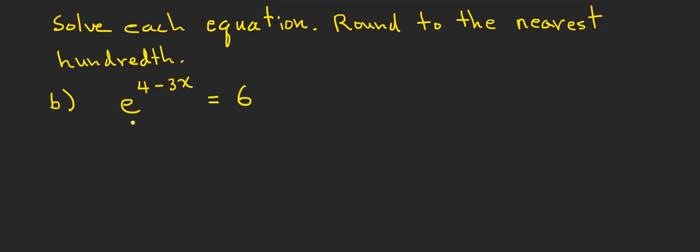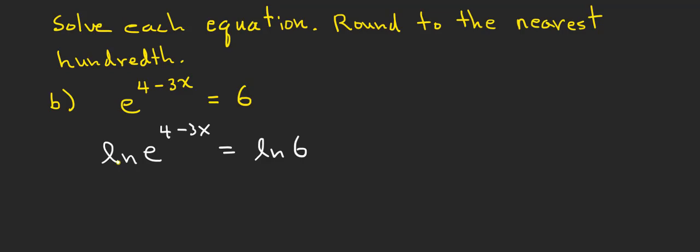Now, what will be another way? Actually, the faster way of doing it. When you have e, what is the inverse of e? It's natural log. So let's do natural log both sides. So basically, whenever you solve for a variable that is an exponent, and you have a base, you want to do natural log both sides. So what happens?